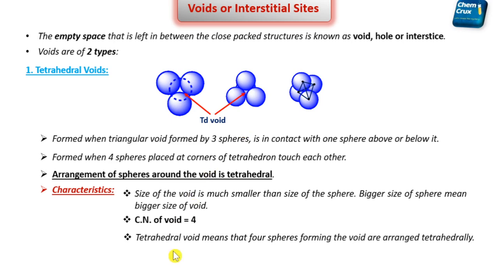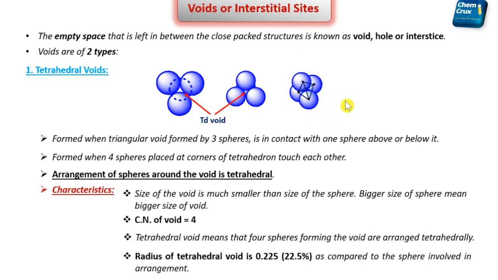Tetrahedral void means that 4 spheres are forming the void when they are arranged in a tetrahedral manner, right? The radius of tetrahedral void is 0.225 as compared to the sphere forming the arrangement, and we will calculate the value of this radius in the next slide.